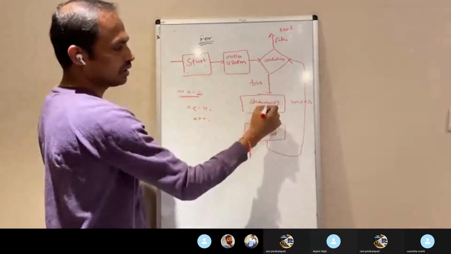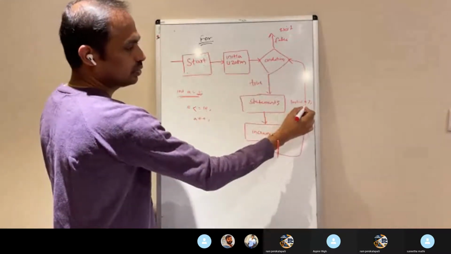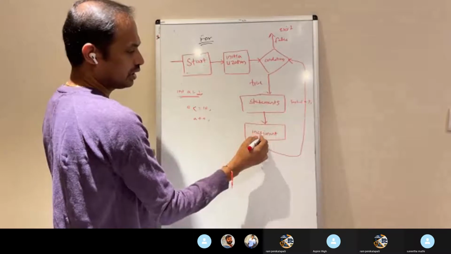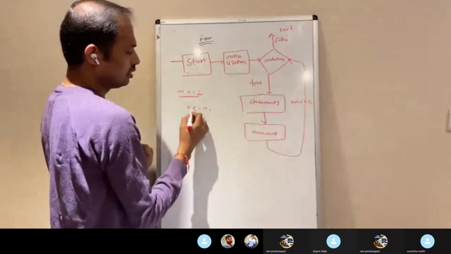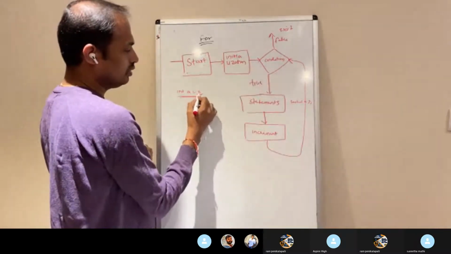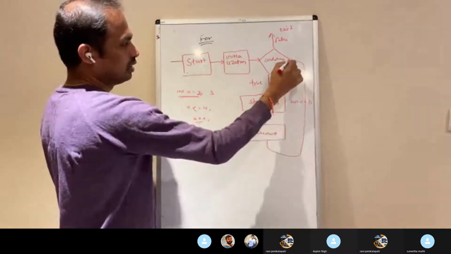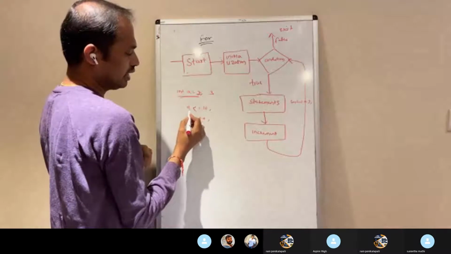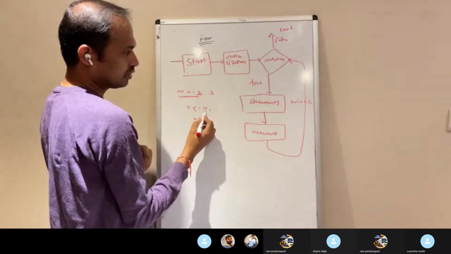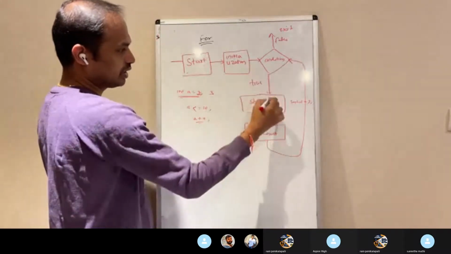Yes, then it will print SOPLN 2. Then it will come here and increment a from 2 to 3. So it will go and check the condition. If a, which is 3, is less than or equal to 10, yes, it will come here.